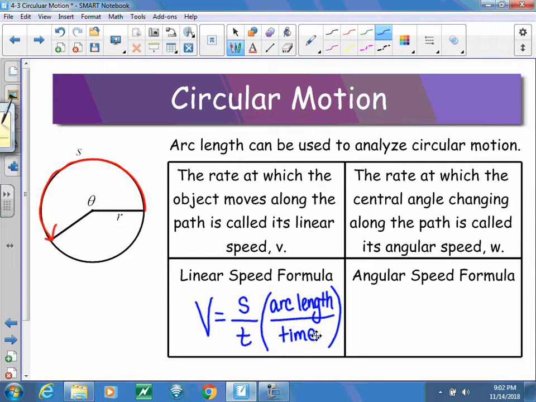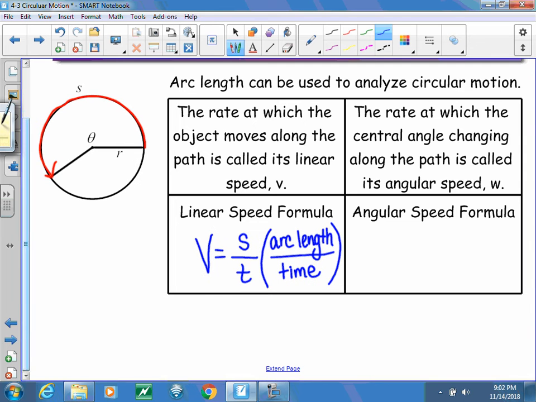Think about miles per hour. When you are driving a car, you are going a certain number of miles per hour. The arc length is how many miles that wheel is turning over a given amount of time. So right there, you're looking at your linear speed.